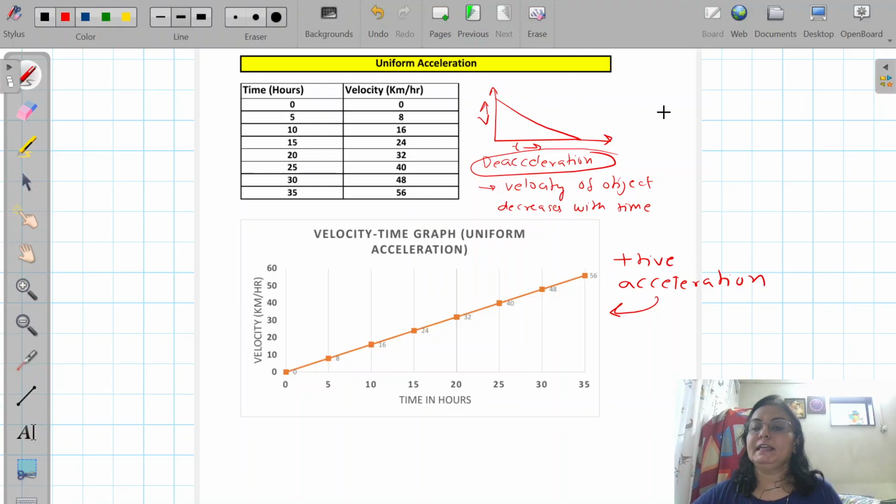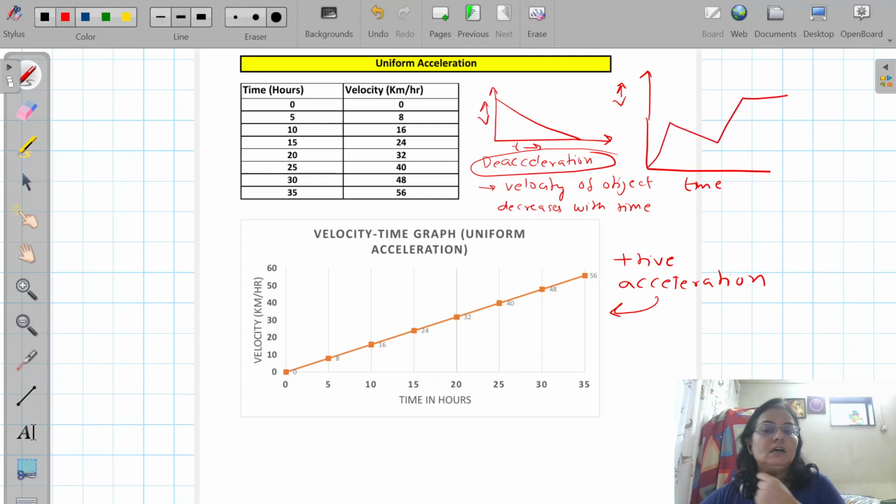Now if the graph is like this, this is velocity and this is time. But if the graph is like this, then it's a curved line. It's not a straight line. Here velocity is not directly proportional to time.